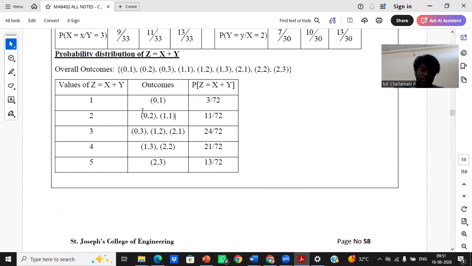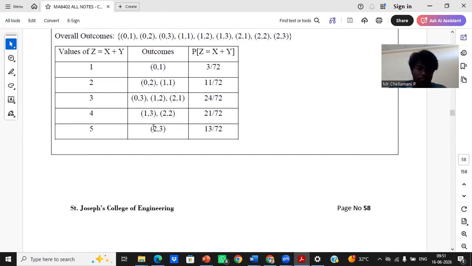Similarly, next 0,2 and 1,1. Here 0 is x and y is 2, and for 1,1, x is equal to 1 and y is equal to 1. Adding the values of 0,2 and 1,1, we get 11 by 72. Similarly, 0,3, 1,2, and 2,1: adding the three values, we get 24 by 72.